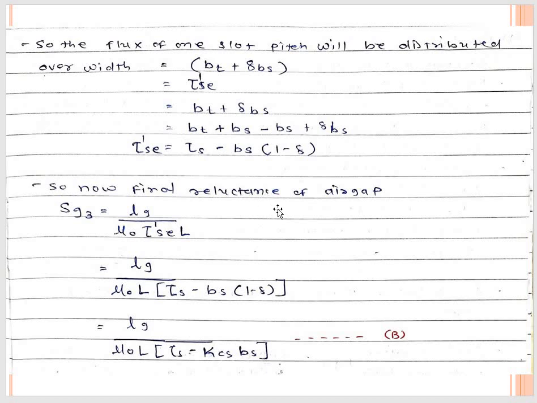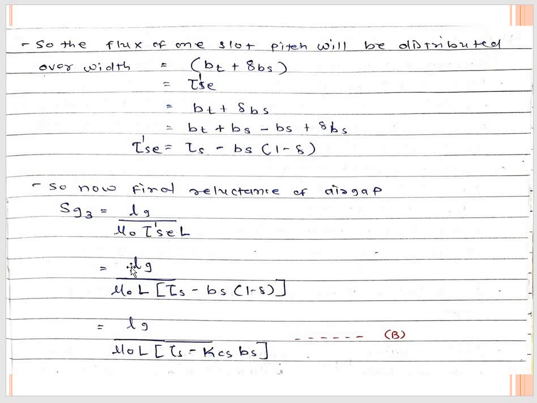Now the final reluctance of the air gap, Sg3, with consideration of the fringing effect, is given by Lg divided by mu 0 tau se dash into L. Tau se dash into L will give us the effective area of the distributed flux.